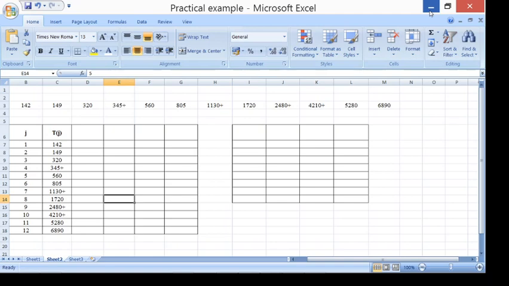So these are nothing but right censored observations. We don't know the actual failure time, but we have partial information regarding it, and the information is that the failure time must be greater than 345.